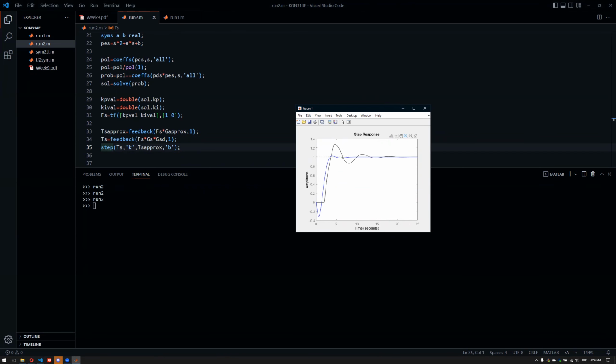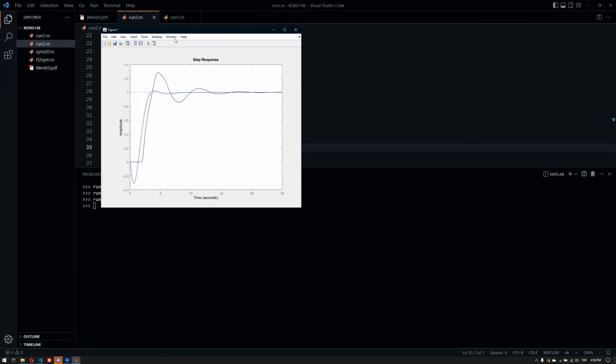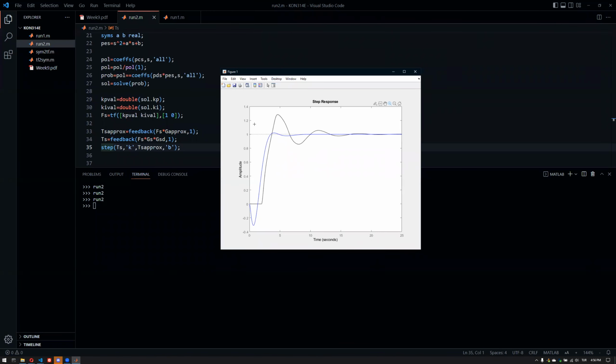Now we can see that the responses of the actual transfer function and the approximation are not quite the same. You can see there's more than 20% overshoot in the system behavior, and there should always be a 2-second delay here.